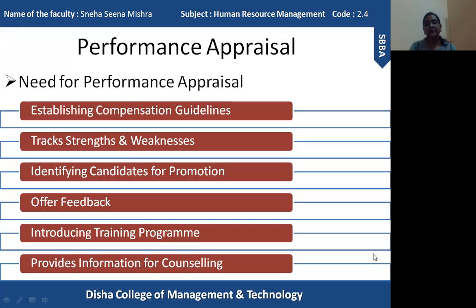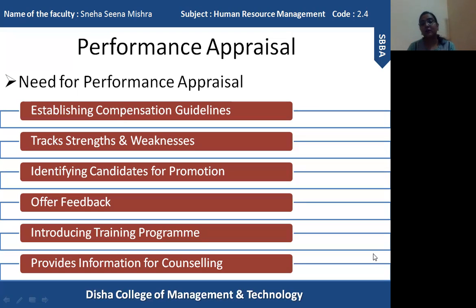So these are the things which provide necessary information for creation of a proper and effective training program. So performance appraisal also helps in creation of different types of training and development programs.